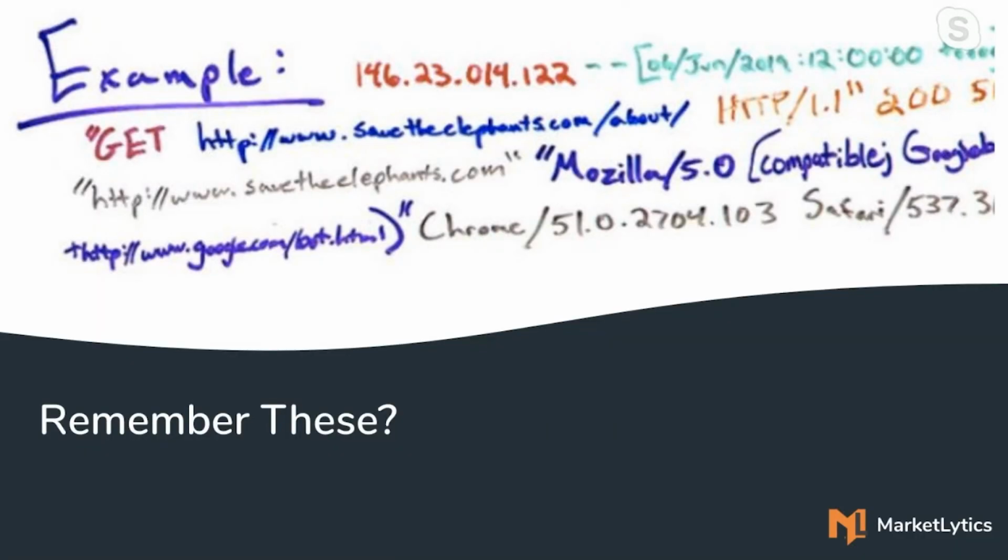Cool. So let's dig into it. One of the first things that I want to talk about is this string that you see on the page right now. Typically, these are what's called web logs.